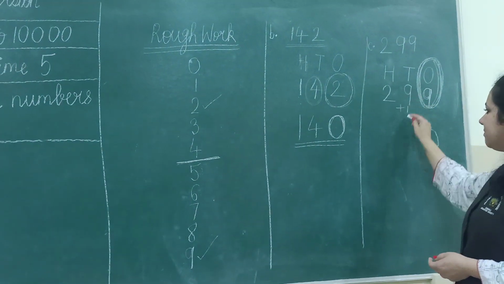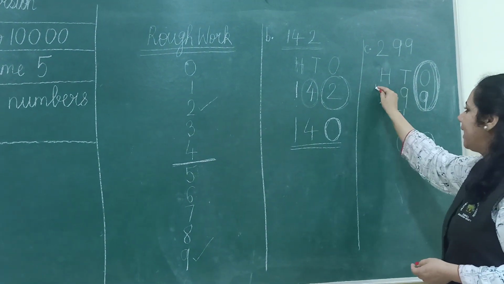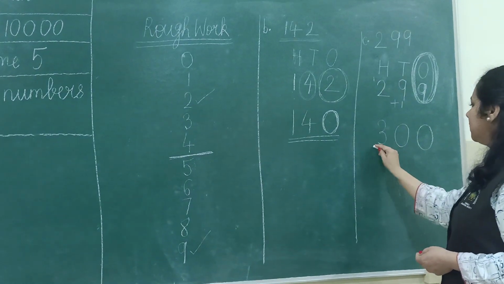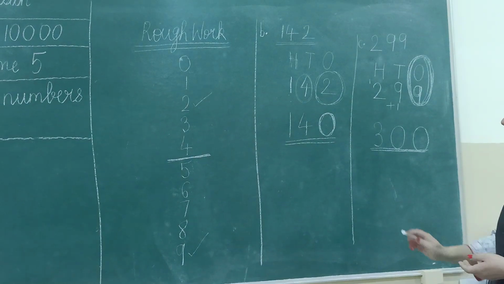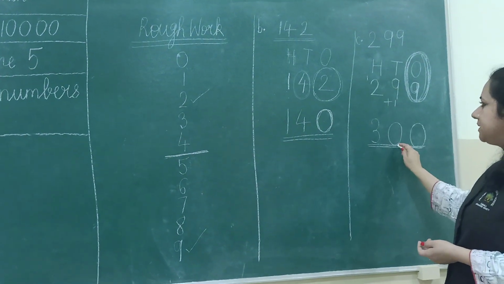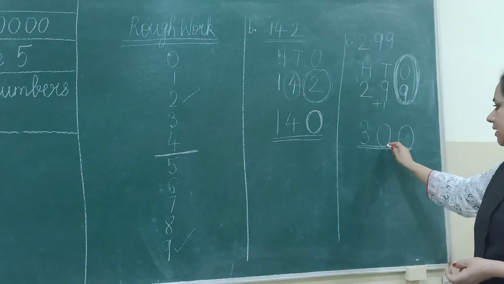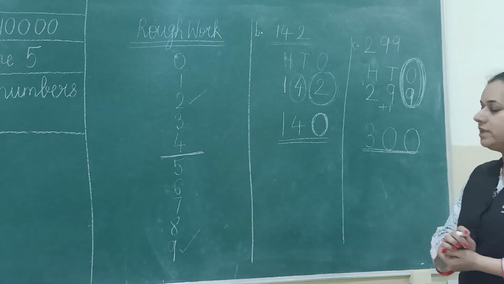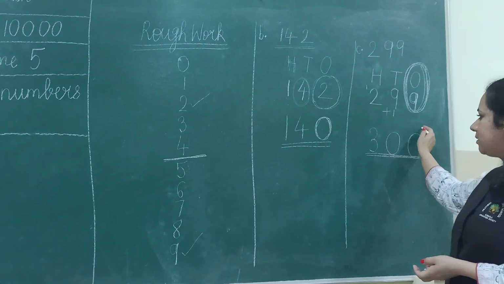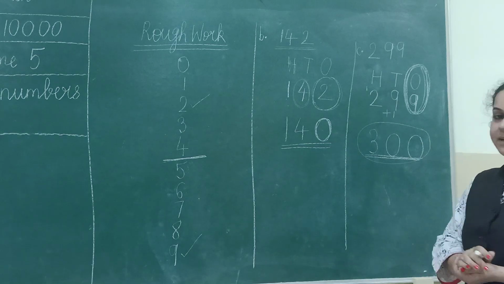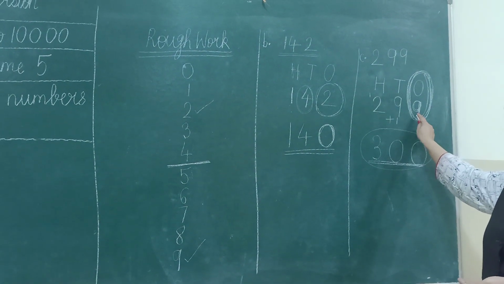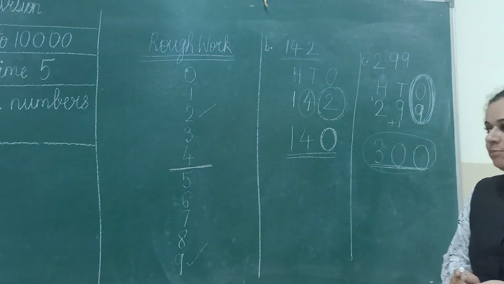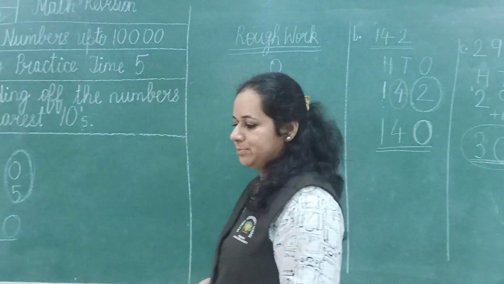Then this becomes 0 and the number comes to 300. 300 is the nearest tens of 299. Now we will move on with another example.